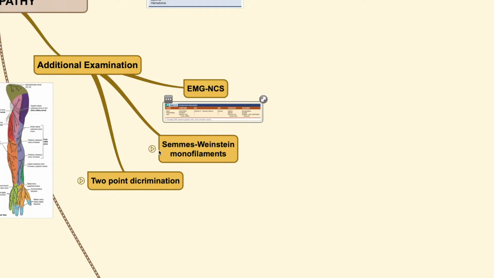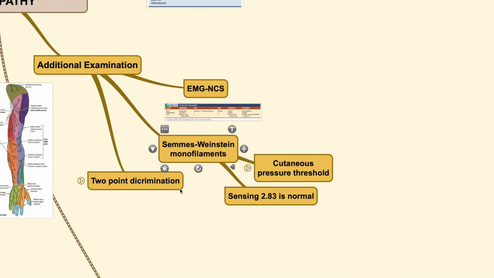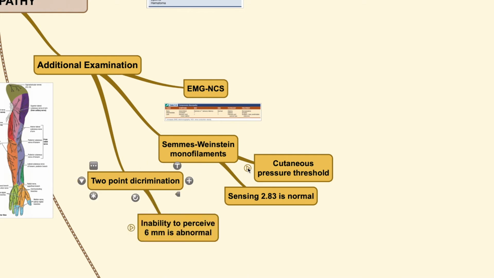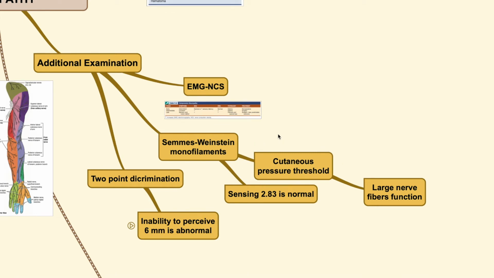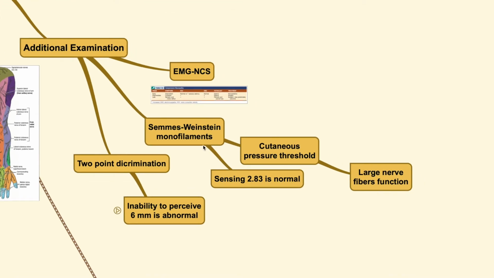Well, moving on, you need to know that there is also a Semmes-Weinstein monofilament test, and in this test we use a very fine kind of wire, or it is more like a thread. The filaments come in various sizes, from very small hair-like sizes up to a huge filament size, and you just scrape them over your skin.